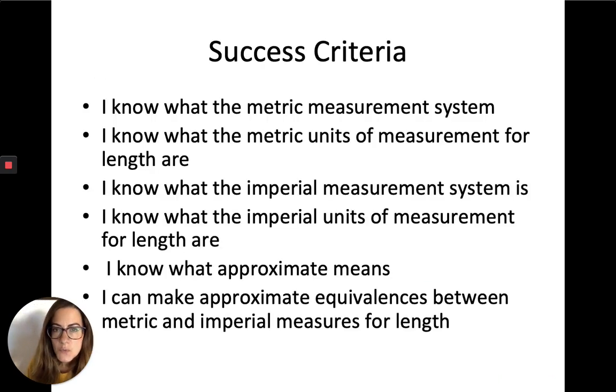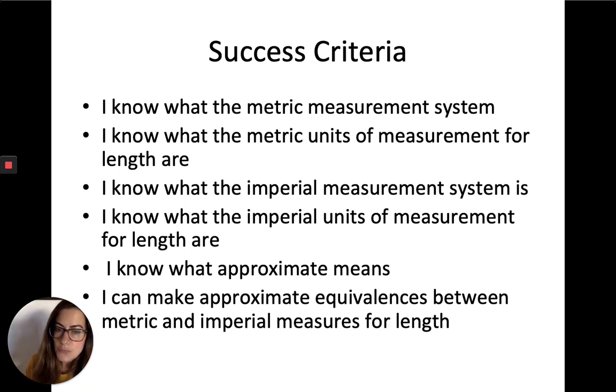So how will we know if we've been successful today, if we've achieved the learning intention? You will be successful today if by the end of the lesson you know what the metric measurement system is, and you know what the units of measurement in metric are for length. You know what the imperial measurement system is, and you know what the imperial units of measurement are for length.